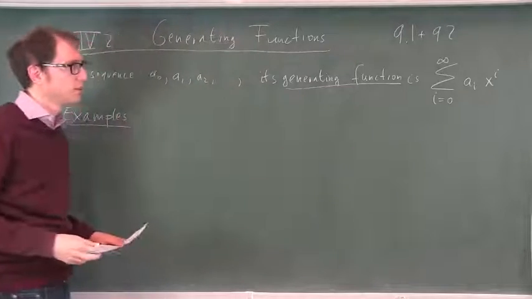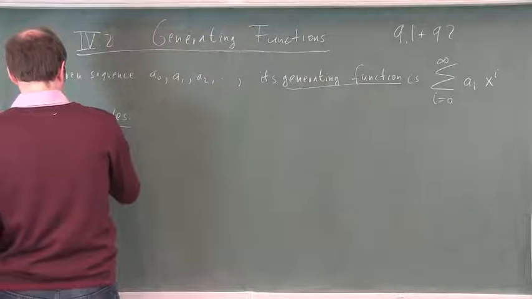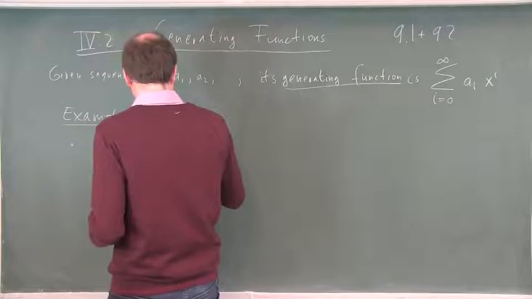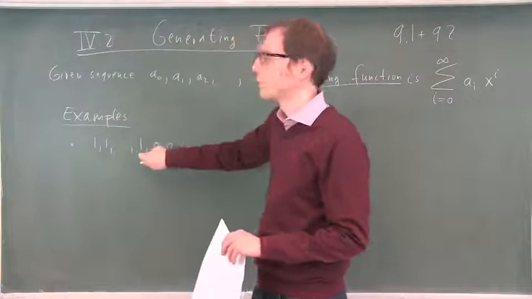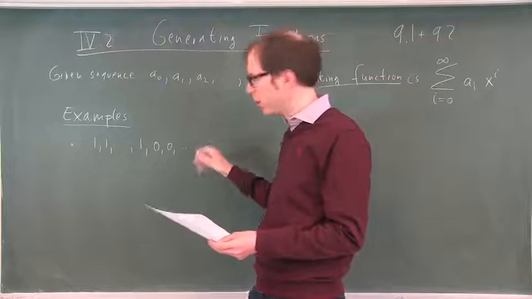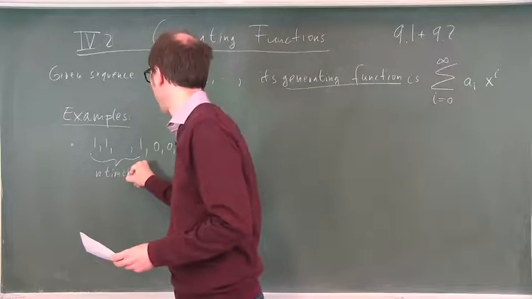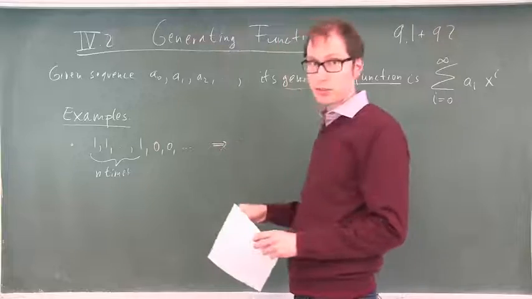If you've never seen this, let's look at some examples. Let's take 1 a bunch of times: 1, 1, 1, 1, 1, 1, and then just zeros. Let's take it n times. If this is our sequence, what is the generating function?